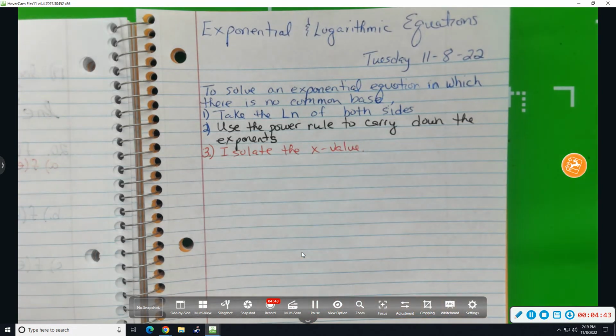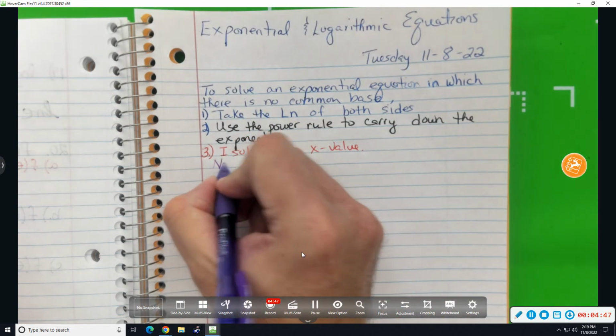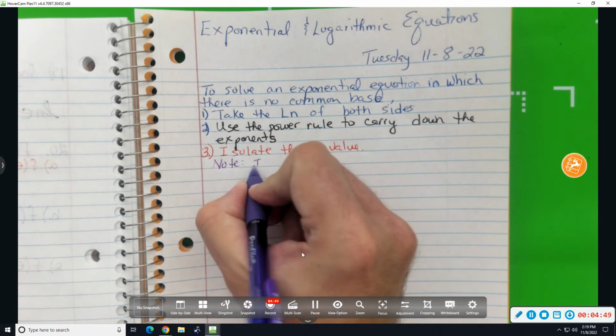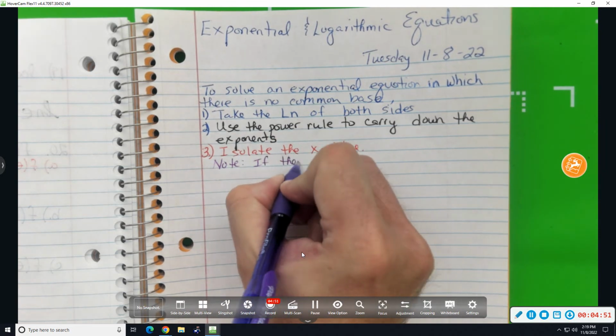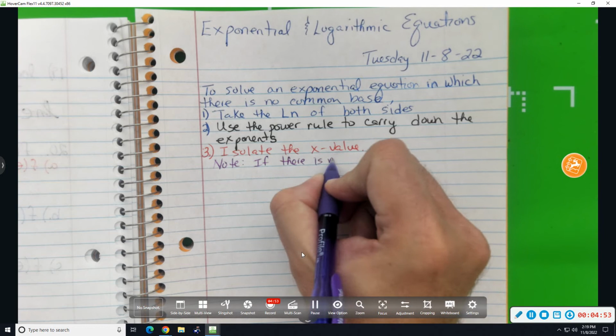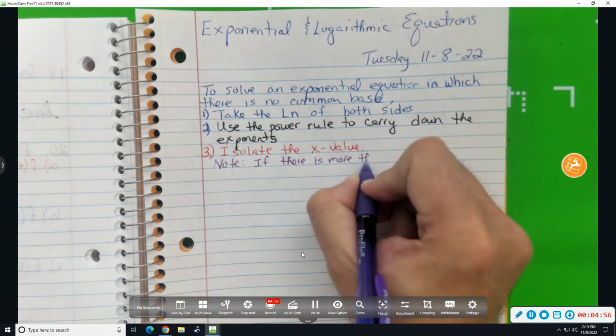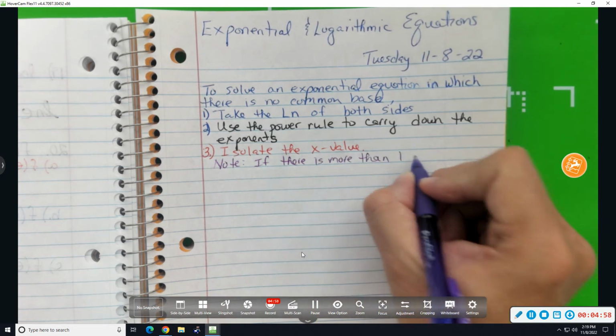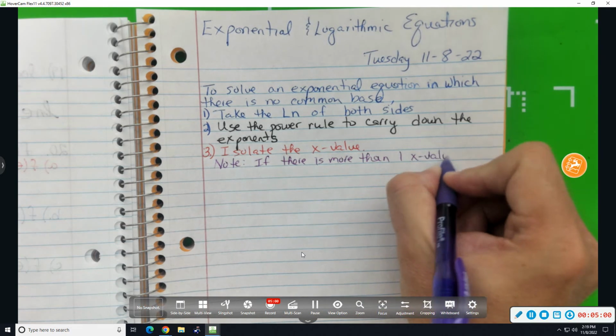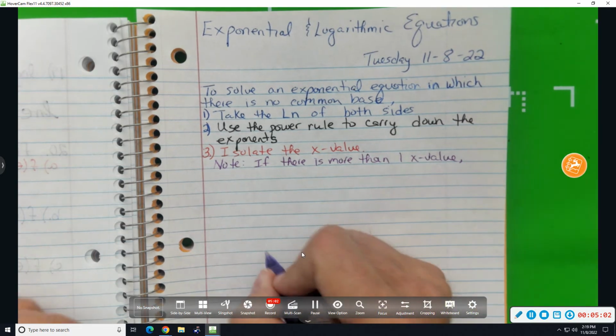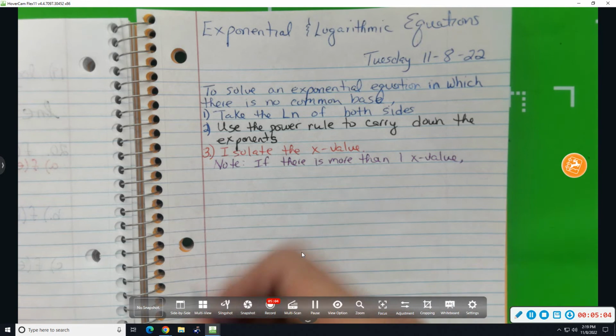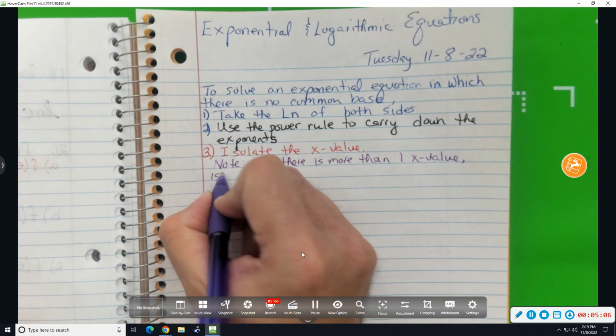Note, if there is more than one x value, isolate them on the left.